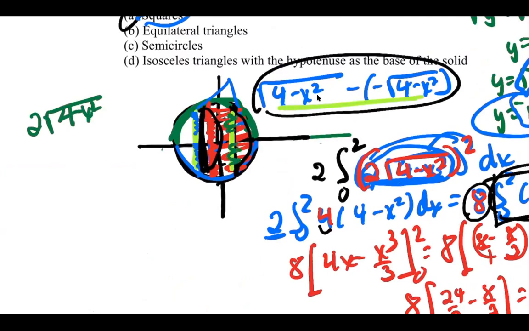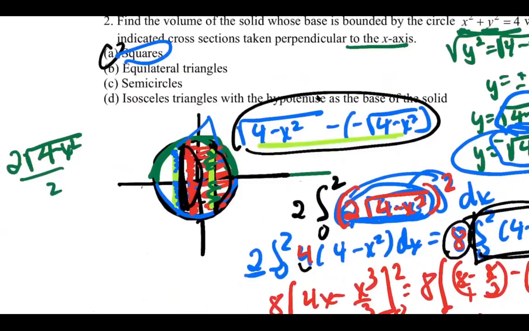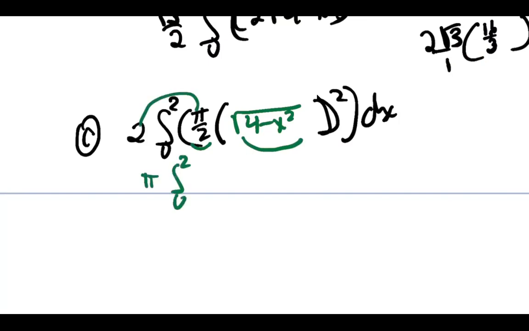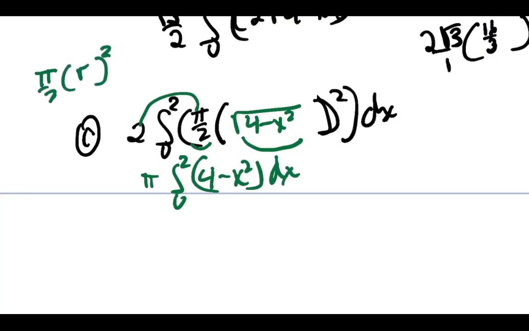So just one of these is the radius. So the radius is the square root of 4 minus x squared. So pi over 2, make sure you get the radius, not the entire diameter. Pull this out, you have pi, don't forget that pi is there, of 4 minus x squared. So be really careful when you're saying pi over 2 r squared, be sure you know that you've got the radius.